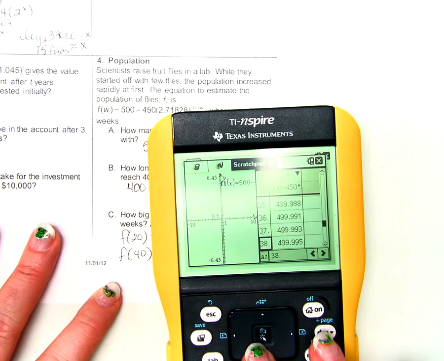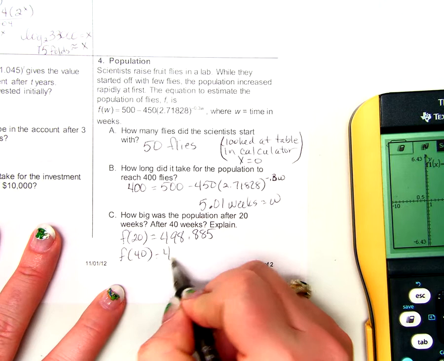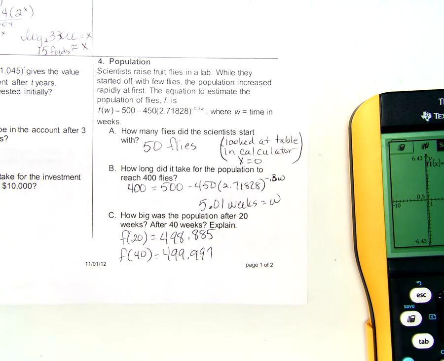Whoa. 499.997. So after 20 weeks, they have 498-ish flies. And after 40 weeks, 499-ish flies. How is that possible? Explain.